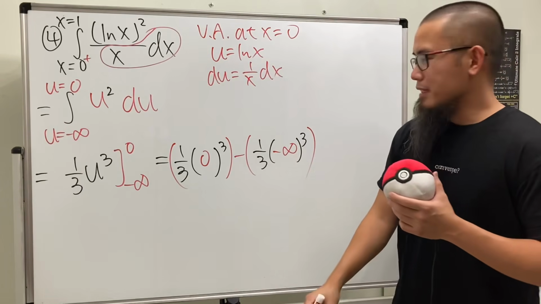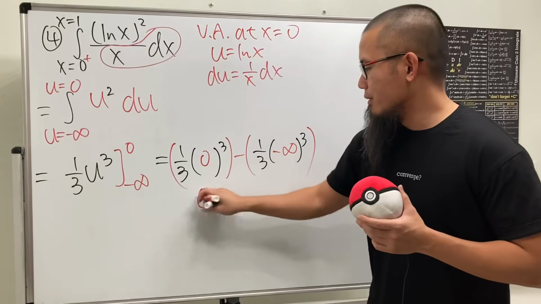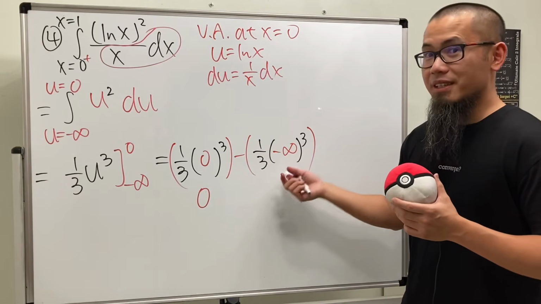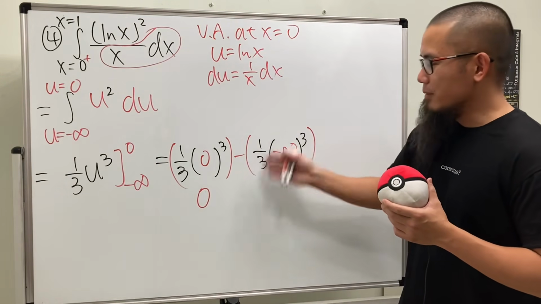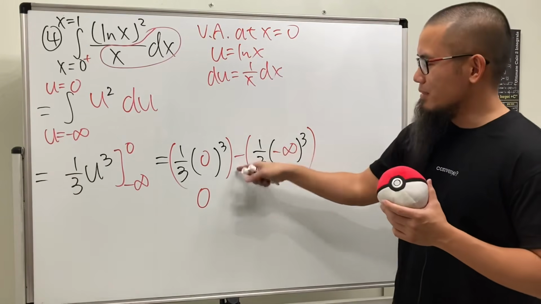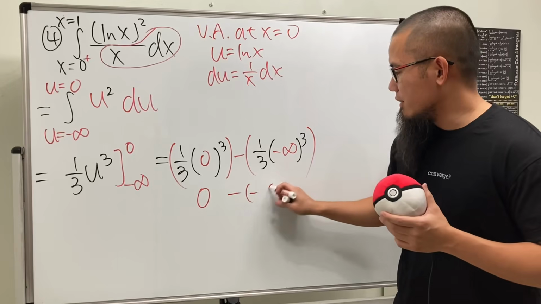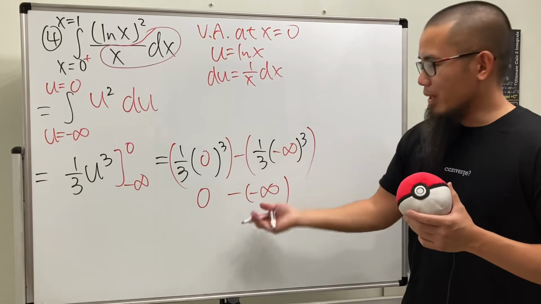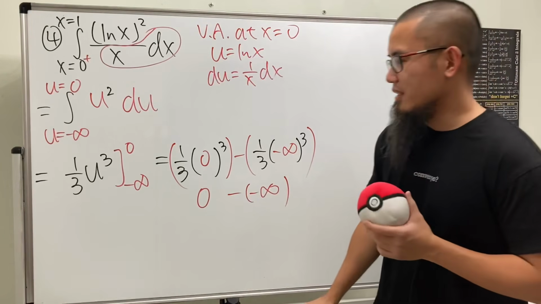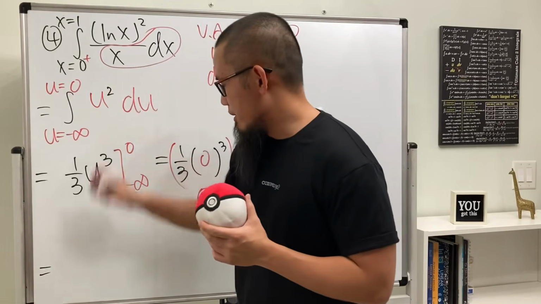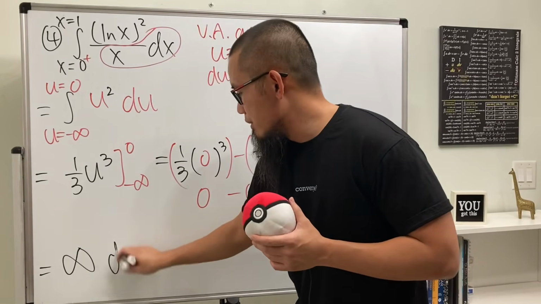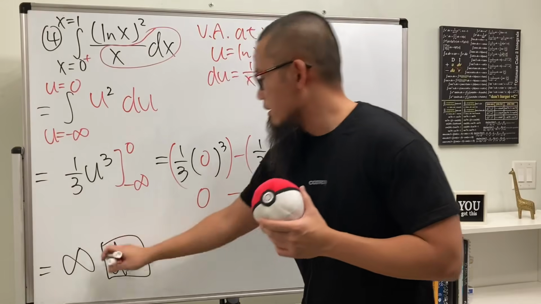Check this out. This is 0. Negative infinity to a third power is negative infinity, times 1/3 is still negative infinity, times the negative sign. Anyway, this right here is clearly infinity. So this right here diverges to infinity.